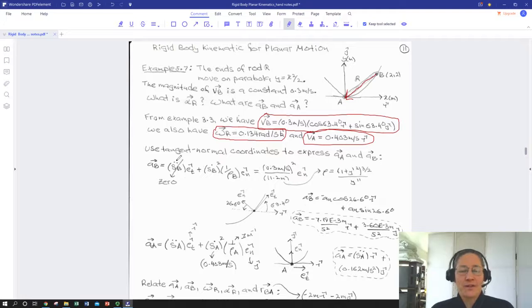So we're going to start with our tangent term. We're going to start with point B, and we're just going to express it not necessarily related to point A. So the acceleration of point B in tangent-normal coordinates is just thrown back to tangent-normal kinematics. We're not relating anything on a rigid body.